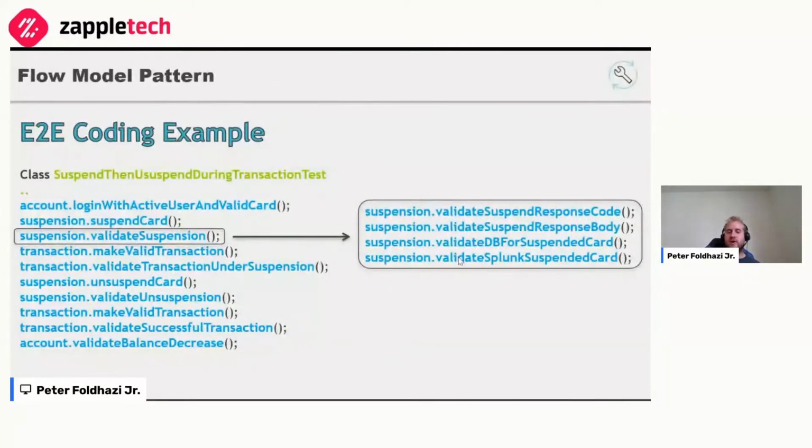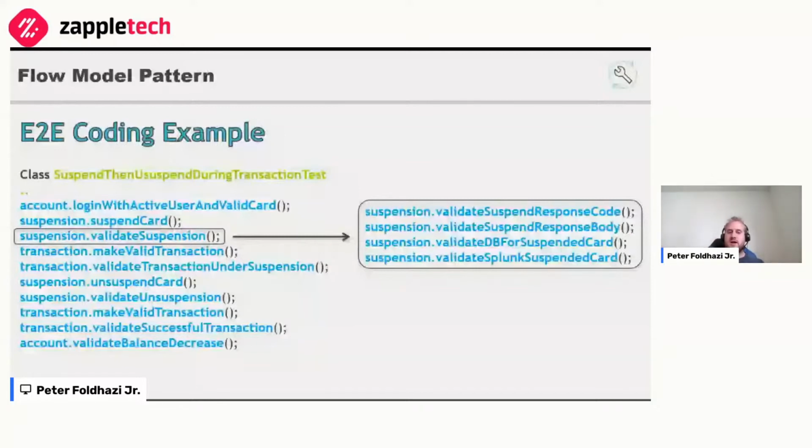So where are you going to validate the suspension? You're going to validate the response itself, like the response code and the response body. You're going to validate the database as well, and you're going to check through the logs. In this example, I chose Splunk for that. So you are going to check those logs as well, whether the actual suspension went through.